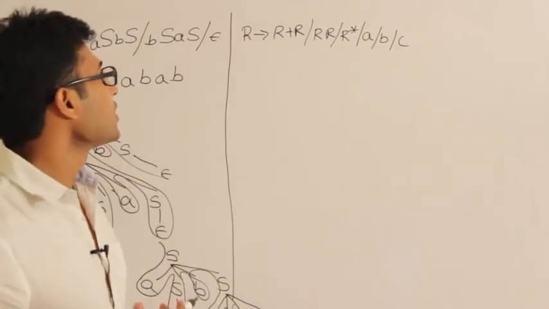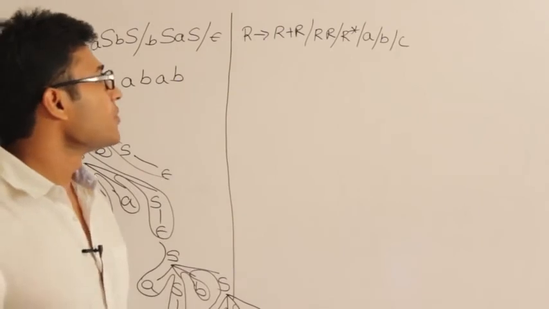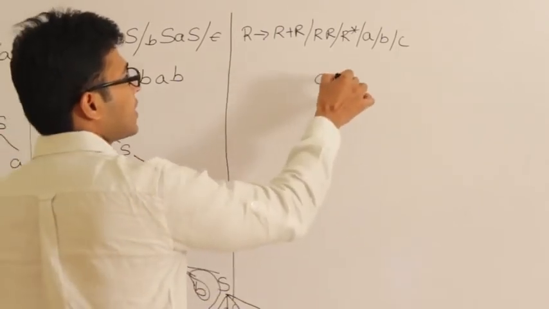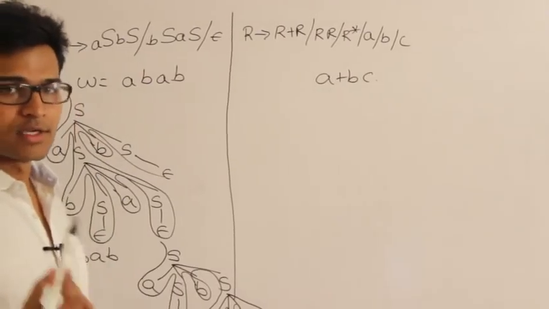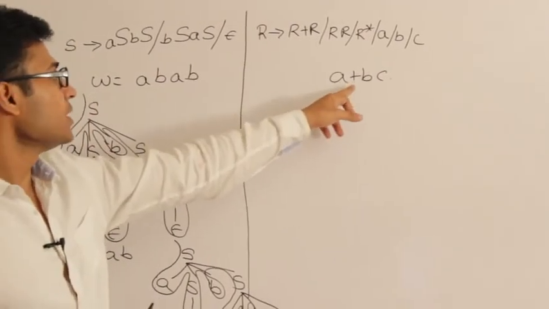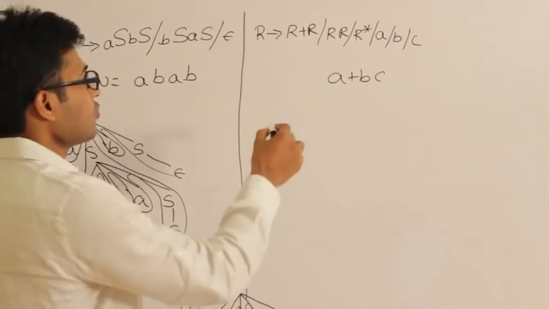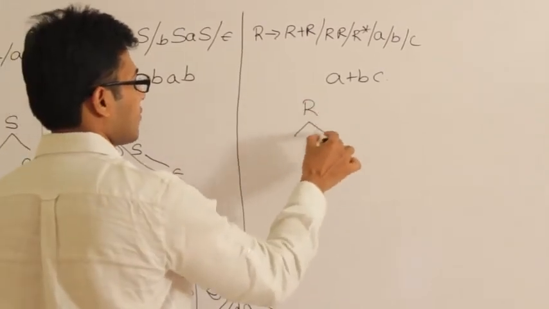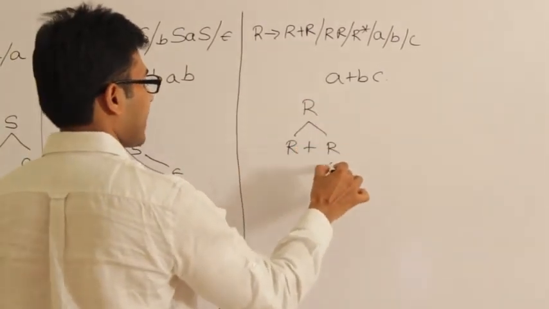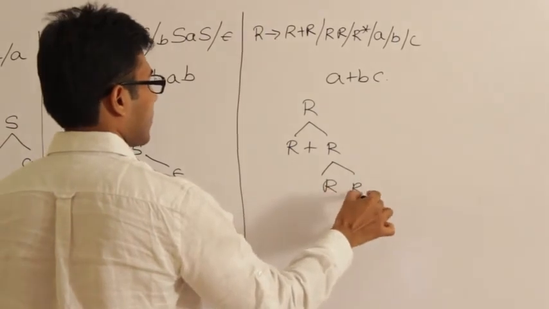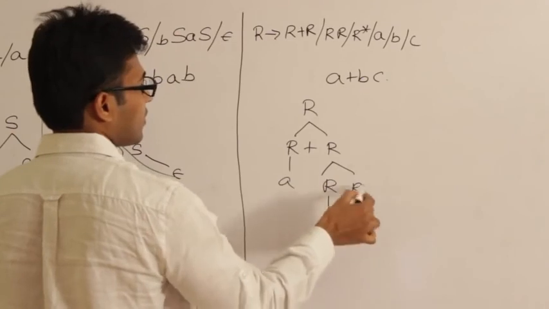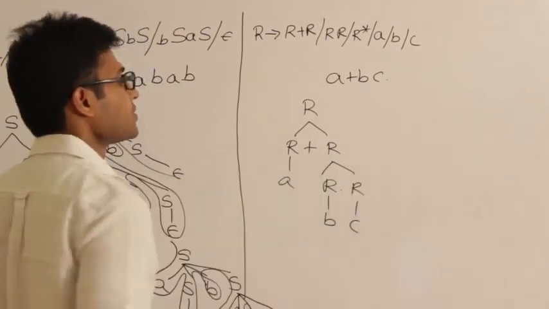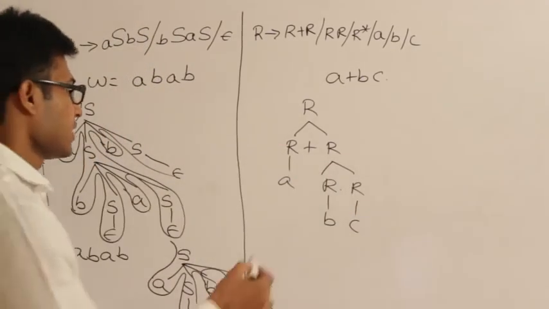So how do I get more than one parse tree? It is the same. Maybe if you want to generate A plus B into C, like how you generated it there, A plus B concatenated with C, I get two parse trees. We have already seen such a model. R derives RR, BC, and then A. Here this concatenation is getting higher precedence because it is at the lower level, right?